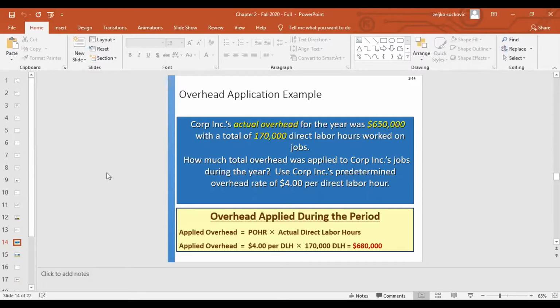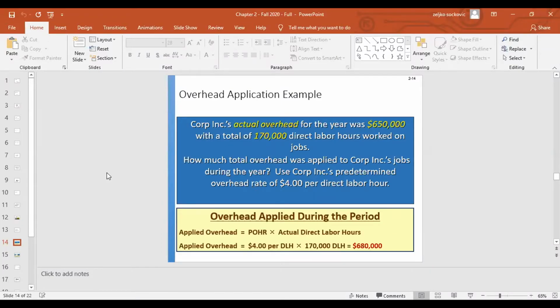In general, you might ask, what is better, over-applied or under-applied? The question is not what is better, especially for our class. We just need to compare the difference between the actual and applied, find the number, reconcile it, and say, okay, this was the number that should be in cost of goods sold, because that's the bottom line.